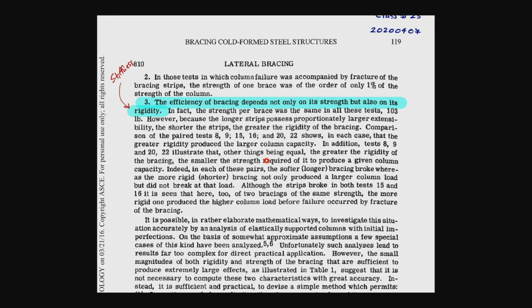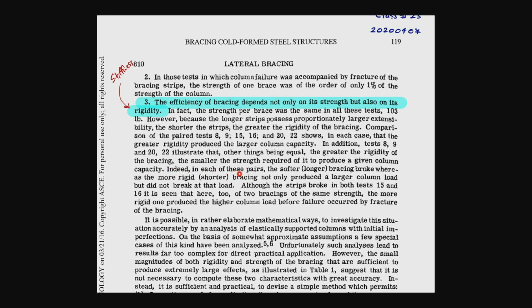So the column that shows the ratio between the brace capacity to the column capacity could be used. It gives you the same interpretation. So they use the ratio required of it to produce a given column capacity.